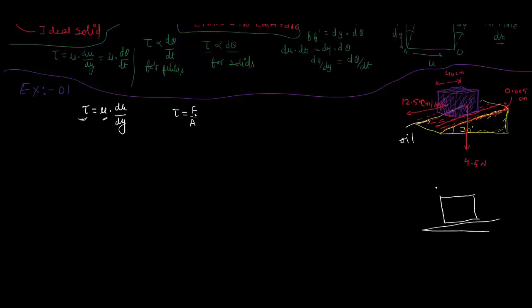So this is our block, which has every side 40 centimeter. This is the plane, that is fixed. This angle is 30 degree. Now as we know, the weight of this block is acting on this side.